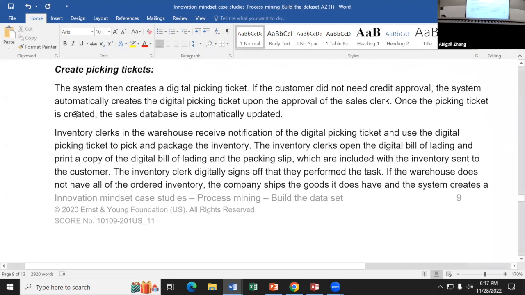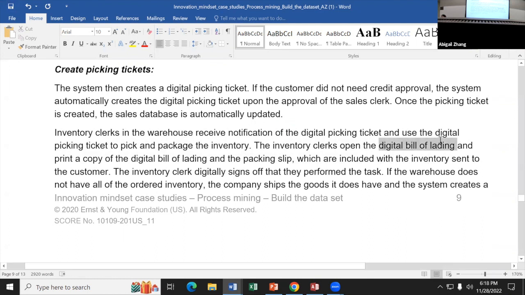Okay, now next, once there's a picking ticket, the inventory clerks in the warehouse will use this ticket as a guide to go pick up those inventory and pack. And then the inventory clerk will open the bill of lading, which is a document that is used when you are about to ship the products to the customer.